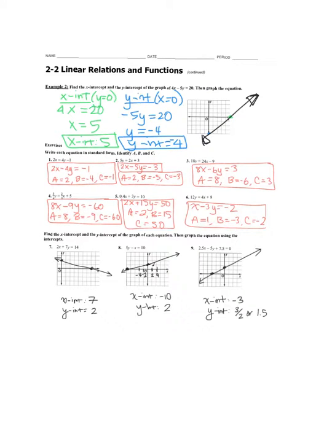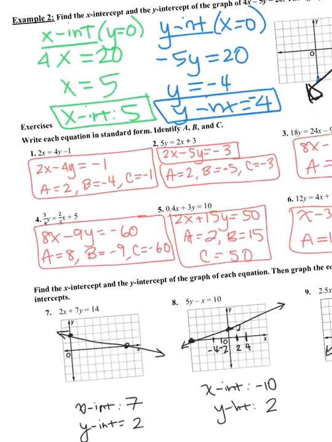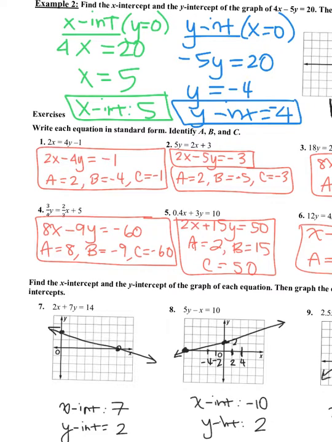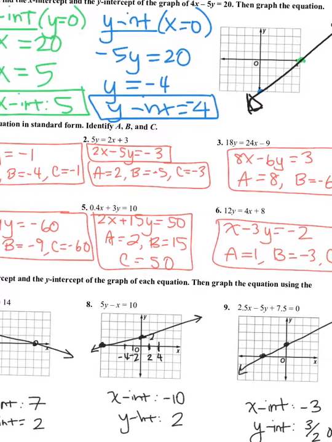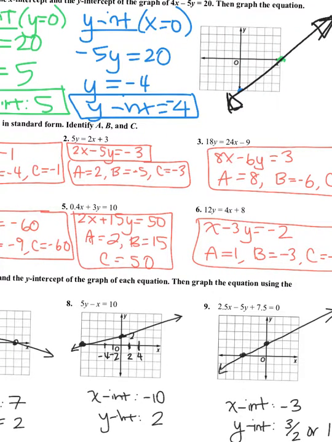All right, here are the answers for the exercises on the second side. We have number 1 in standard form, 2x minus 4y is equal to -1, which means a is 2, b is -4, c is -1. Number 2, we have 2x minus 5y is equal to -3, a is 2, b is -5, c is -3.